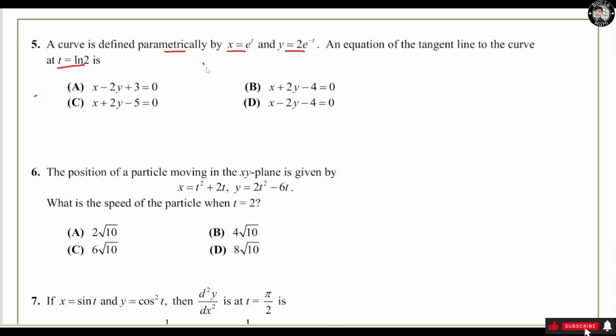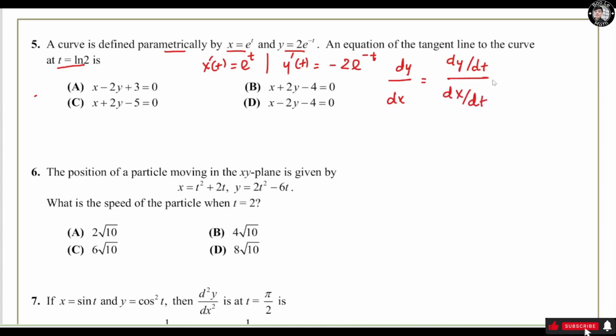So we need to find x prime of t equals e to the t and y prime of t equals negative 2 e to the negative t, right? So we need to find the slope dy over dx equals dy divided by dt over dx divided by dt, right? We just divide the top and bottom by dt, right?